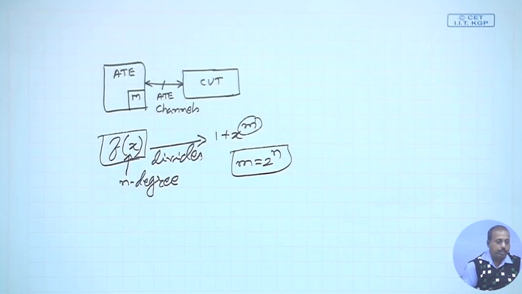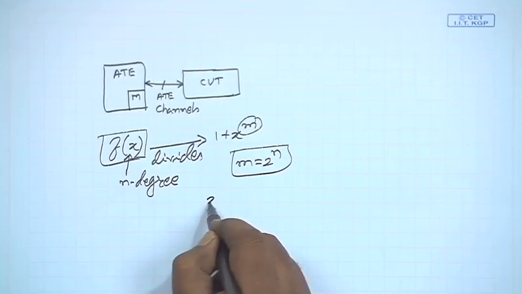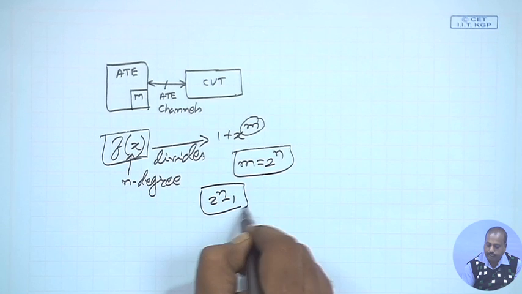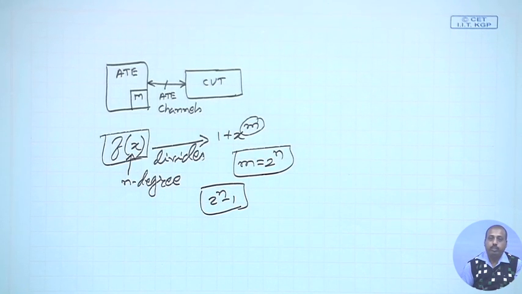A primitive polynomial has the property that it repeats the patterns only after generating all 2 to the power n minus 1 patterns. All 0 it will not generate, but excepting all 0, it will generate all the patterns.